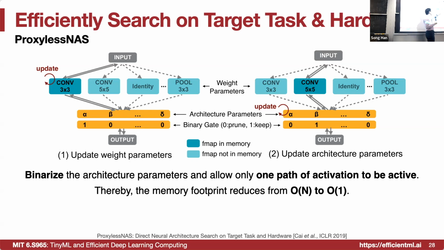And in the second case, the 5x5 convolution has the highest probability, then we only activate this path. Okay. Therefore, for the training memory footprint, we no longer have to put all the activations of different branches in the memory, but we only keep a small amount of them in the memory. Okay? So the memory footprint reduces from O(n) to O(1) in this case.